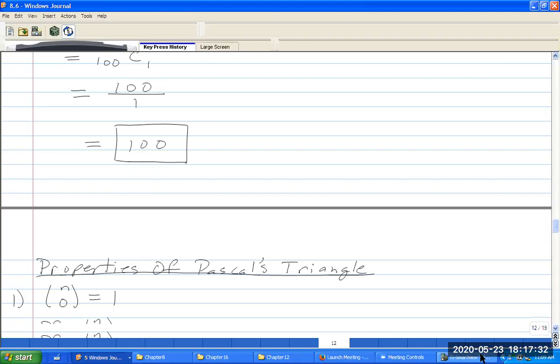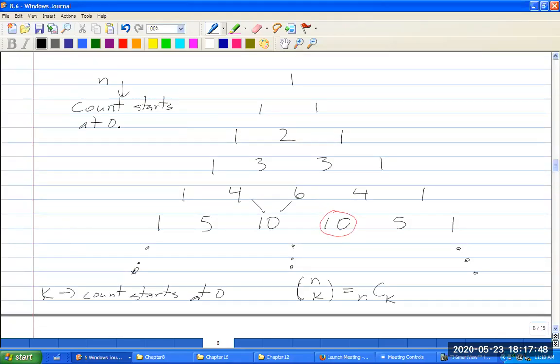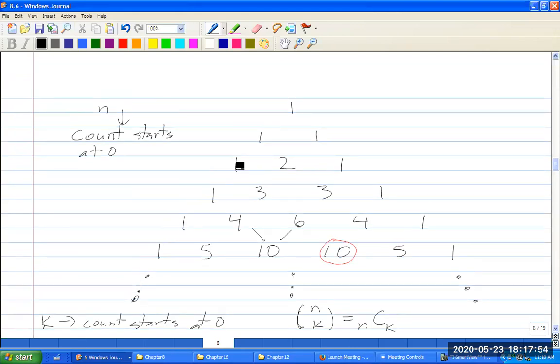Okay, so let me show you some of the properties of Pascal's triangle. nC0 is 1. And so, in Pascal's triangle, I should mark where this is. This is page 8. So this says here that all these terms are 1.